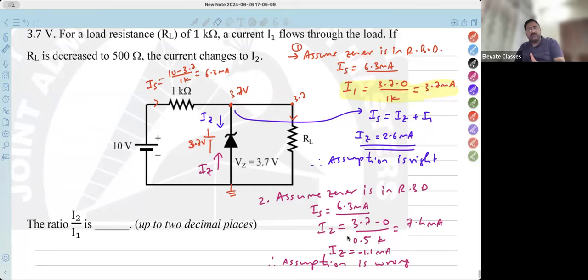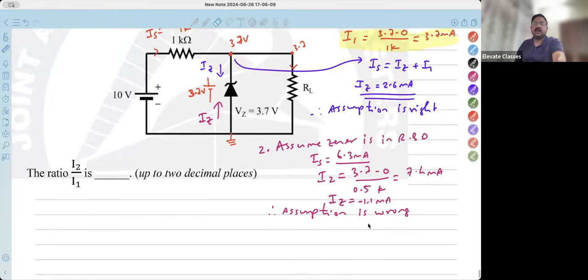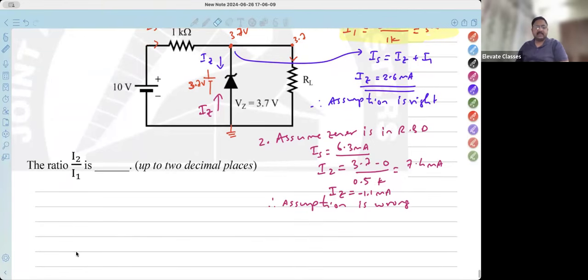If the Zener current flows from N to P, your assumption is right and whatever you have calculated is correct. If it is not flowing in that direction, your assumption is wrong and whatever you have calculated is with a wrong assumption, obviously a wrong answer. Now how do we solve this if our assumption is wrong? The right assumption is therefore... I'll take a different color now.